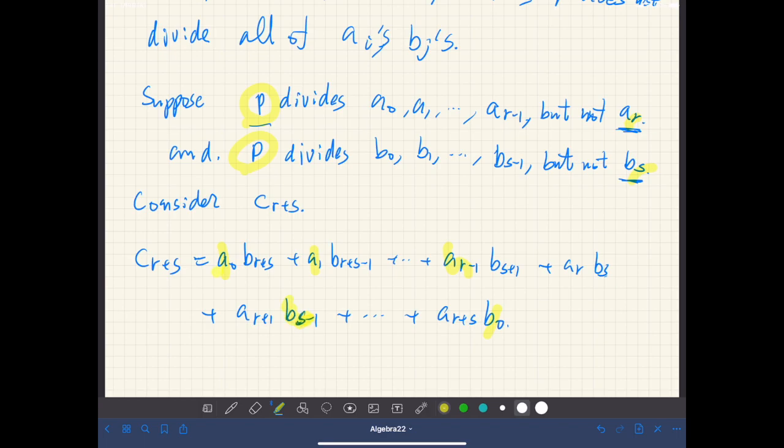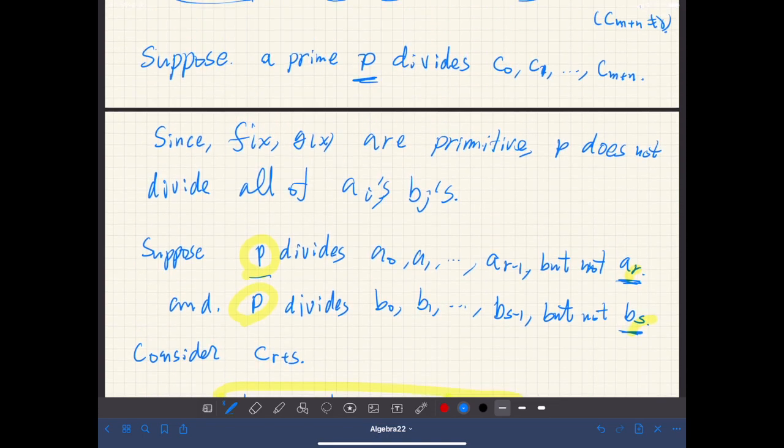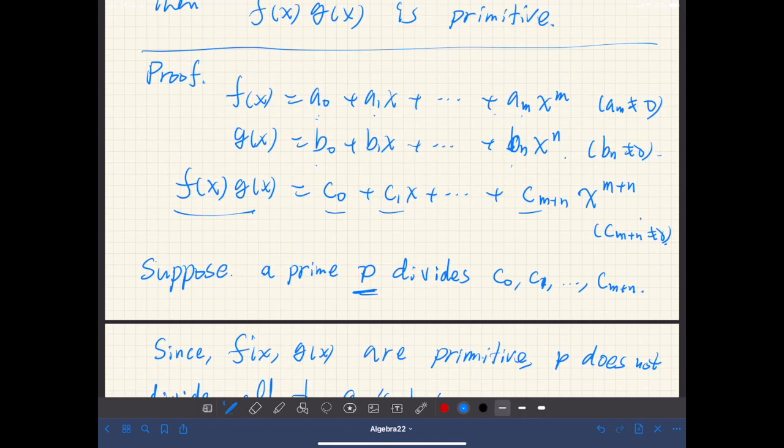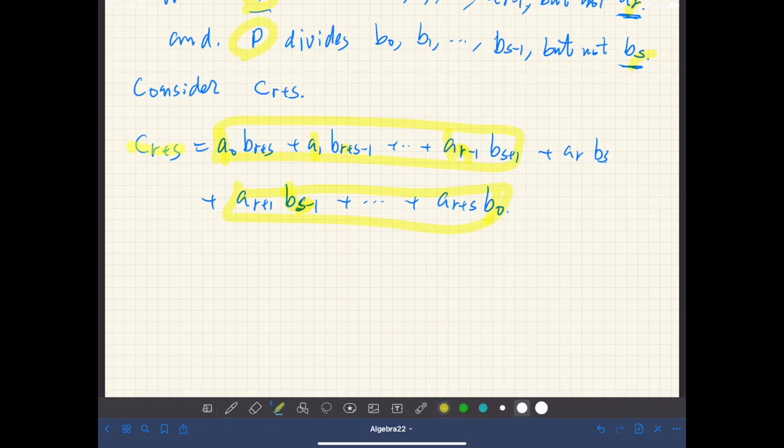So that means all these terms here and all these terms, each of these is divisible by p. And we're assuming p is the common divisor of all these coefficients. So p divides c_{r+s}. So therefore, p should also divide ar times bs.